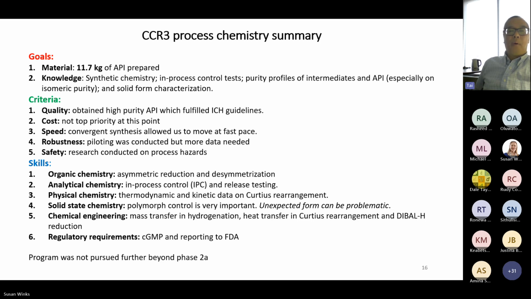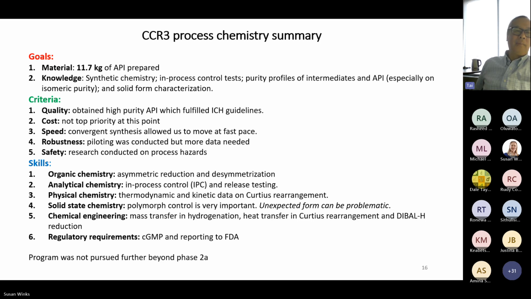We're starting to learn more about solid form characterization, as I told you about the incident. On the criteria to measure ourselves against, quality and speed of the synthesis, I think we did well on those two. The cost wasn't the top priority at that point. As you could see, I used pretty much all the expensive catalysts and reagents available. Robustness, we haven't really tested, but safety, we did quite a lot of work.